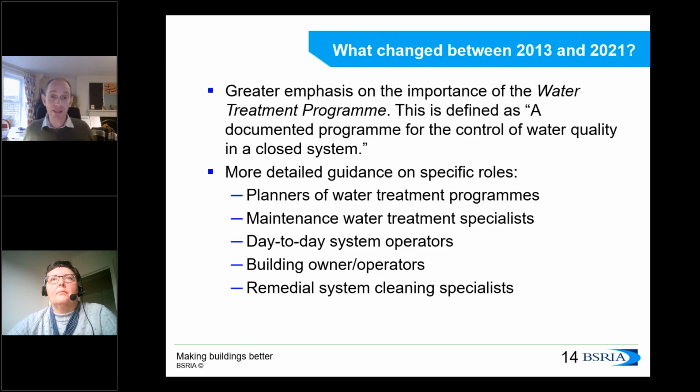We talked about maintenance water treatment specialists. So these are the people who will come into the building and offer advice on maintaining the water treatment, or there may be a water treatment specialist permanently in that building. What you will have is day-to-day system operators. These are people who are in themselves not experts on water treatment, but they're the people who need to make sure that the actions in the water treatment program are followed through on.